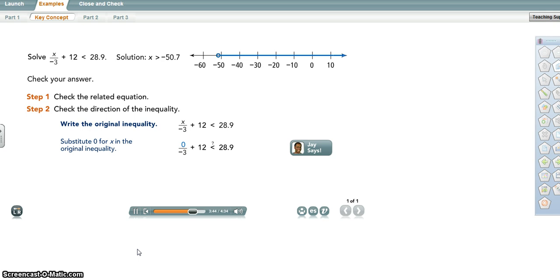It is a good idea to substitute 0 when it falls on the shaded portion of the number line because computations are often easier with 0. Simplify. Then add. 12 is less than 28 and 9/10, so the direction of the inequality checks.